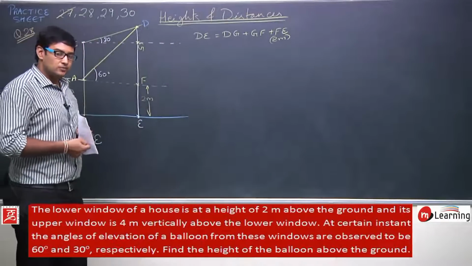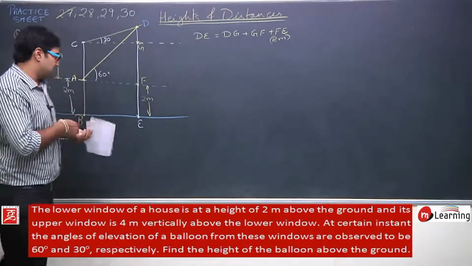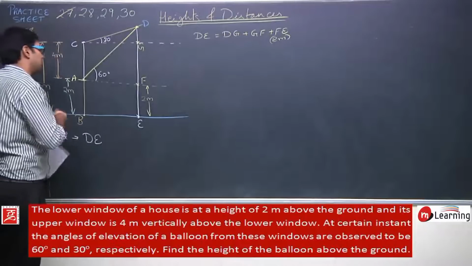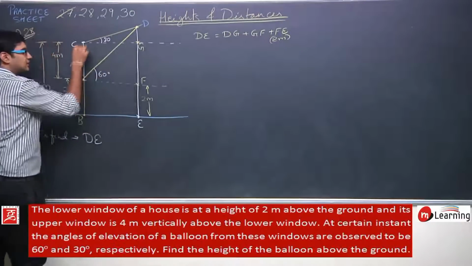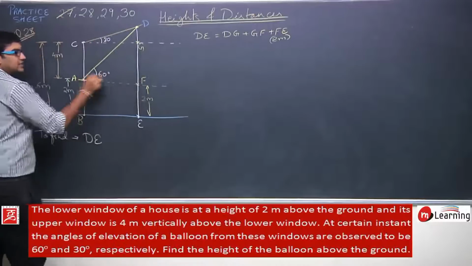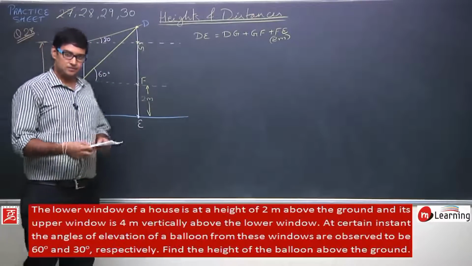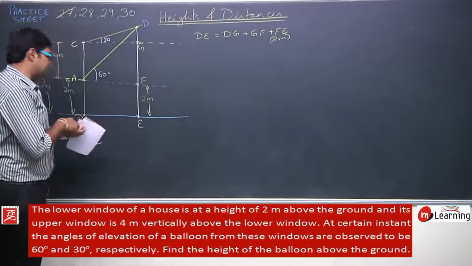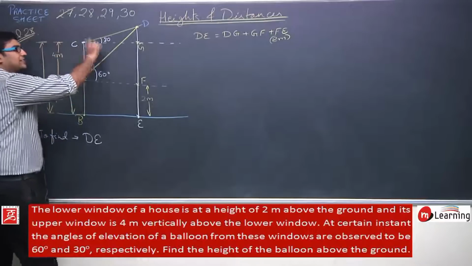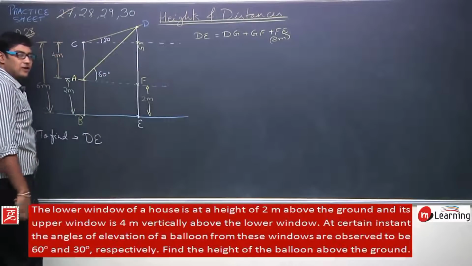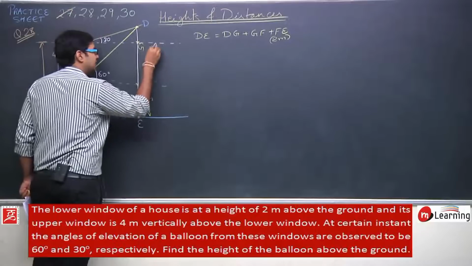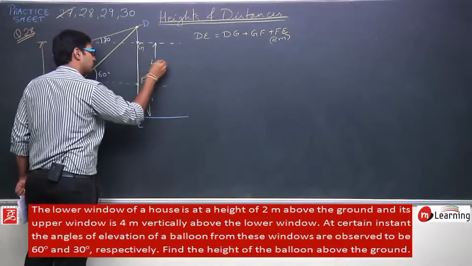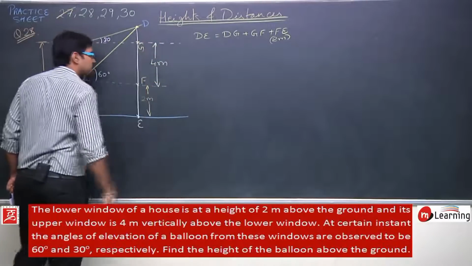So for further observation, if I observe very carefully one more time, I can see this AFGC is also a rectangle. Since it is a rectangle, the length of AC and the length of FG must be equal. So this is 4 meters, and definitely I can say that this FG is also 4 meters.